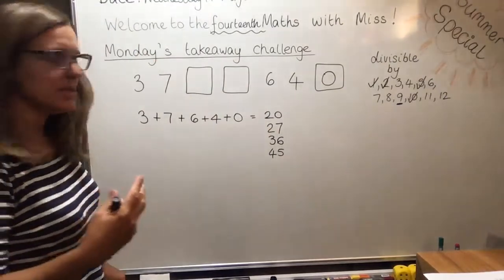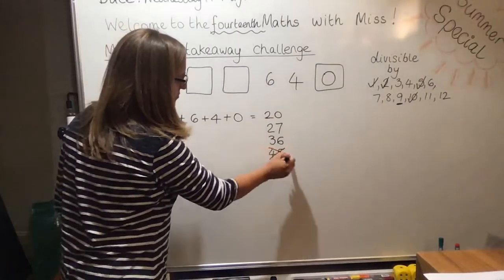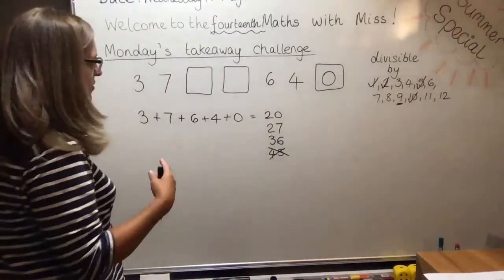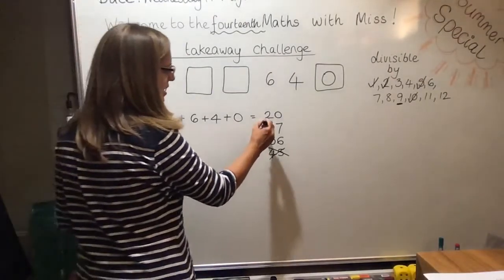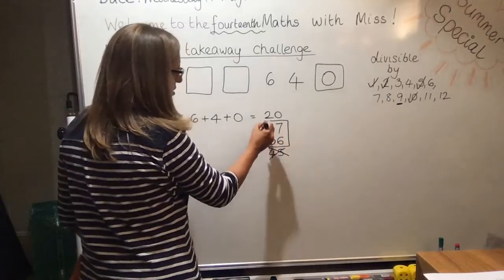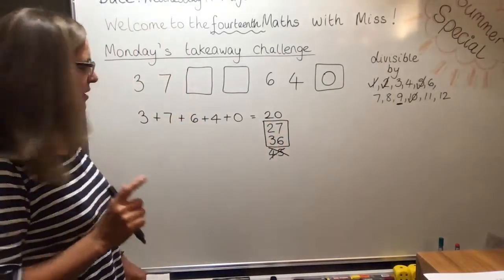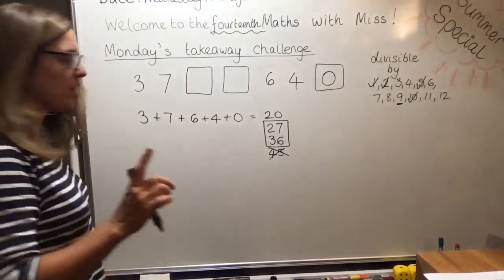So 18 plus 20 would give us 38. So we can get rid of 45. We can't get a number big enough that it would sum to 45. So either the digits are going to sum to 27, or they're going to sum to 36. That's what we're going to work with now.